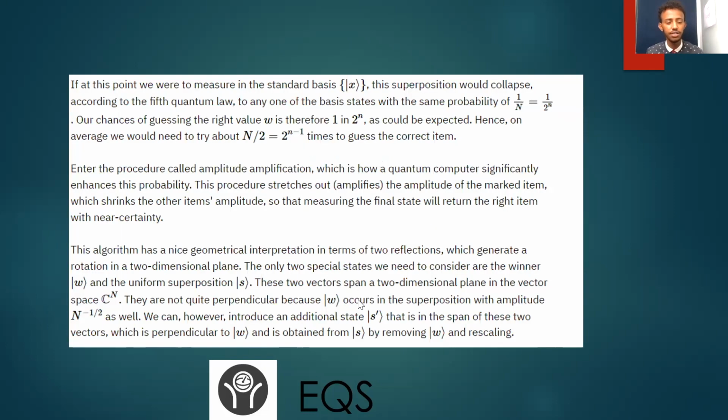So I took snapshots of the explanation for Grover's algorithm found on the Qiskit website because I found them to be illustrative and simple. Basically, in Grover's algorithm, there is a concept called amplitude amplification, and this procedure stretches out the amplitude of the marked item, which shrinks the other items' amplitude, by using two transforms.